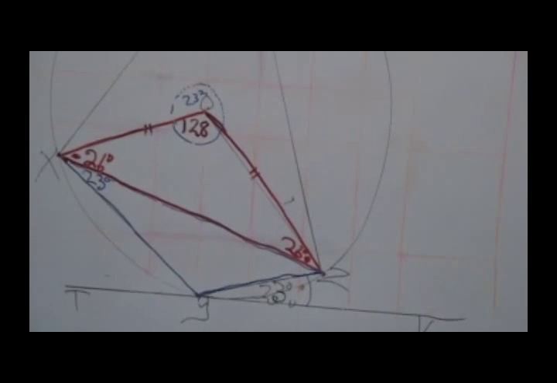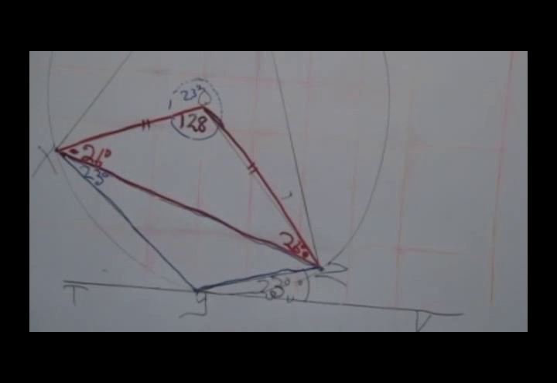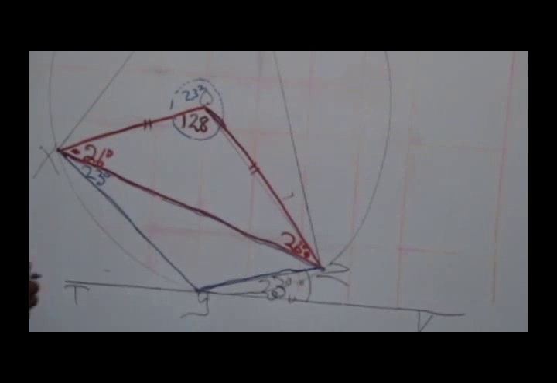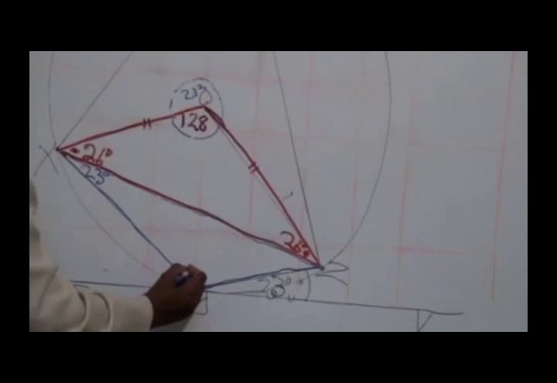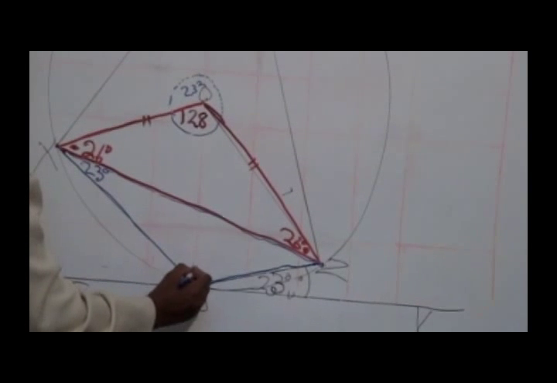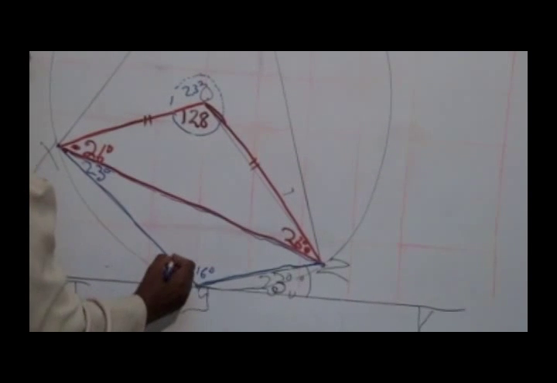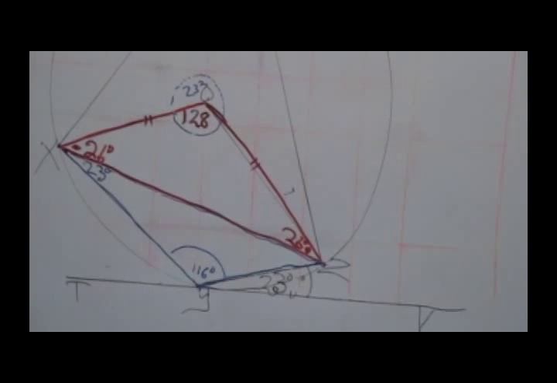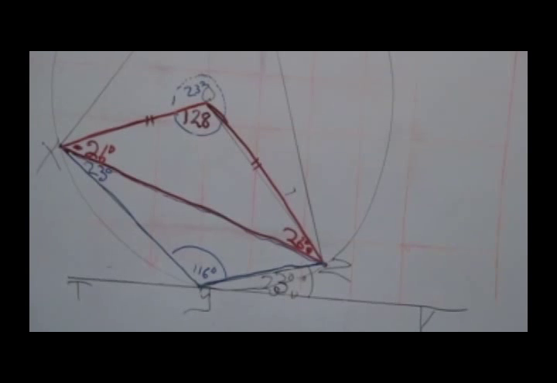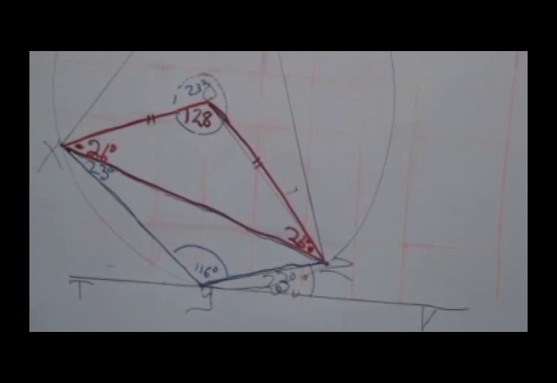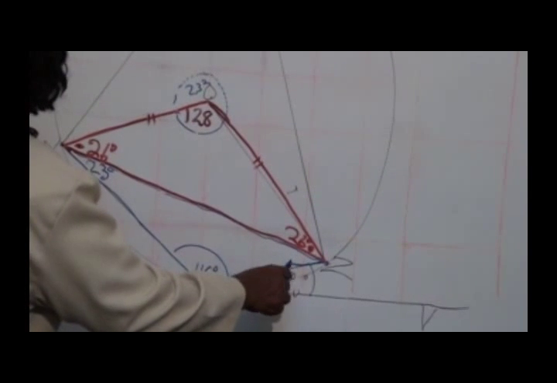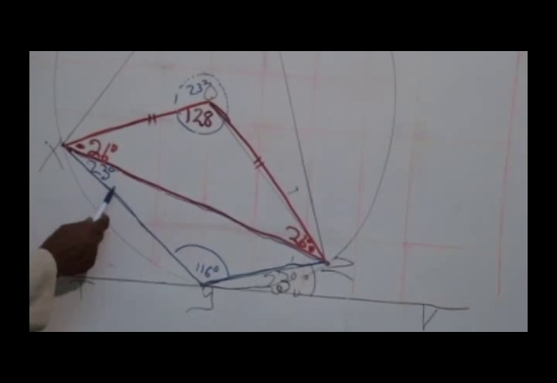And then what did you say again? The angle at the circumference is half the angle at the center. So we know right away that this angle here would be 116 degrees. Now, if we had to look here, and we needed this angle here, we could have gotten it because this is a triangle, isn't that true?